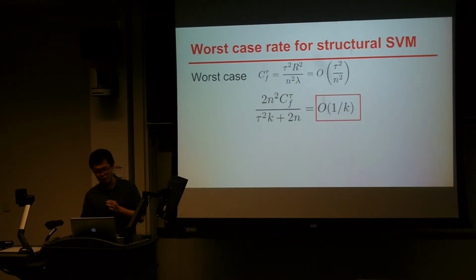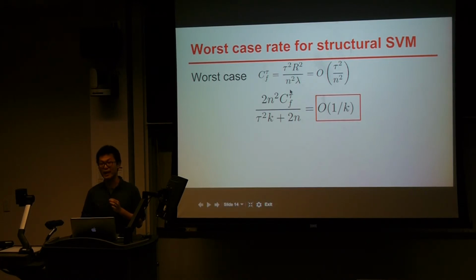It can be shown, as in the original block coordinate Frank-Wolfe paper, that the worst case upper bound of this C_f^tau is pretty bad. Basically, it scales the same as tau squared over n squared.